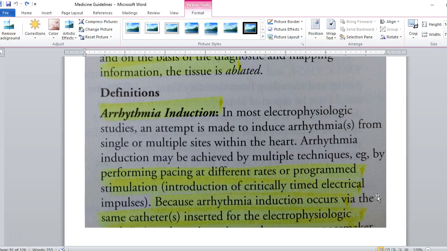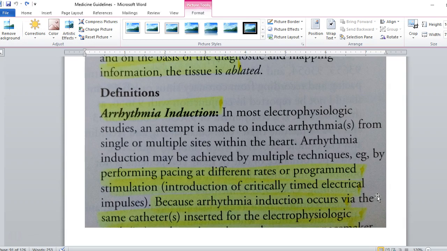In most electrophysiological studies, an attempt is made to induce arrhythmia from single or multiple sites within the heart. Arrhythmia induction may be achieved by multiple techniques, like pacing at different rates, or programmed stimulation, the introduction of critically timed electrical impulses. So they're sending electrical impulses to the heart on purpose to get it to start going into its bad rhythm.